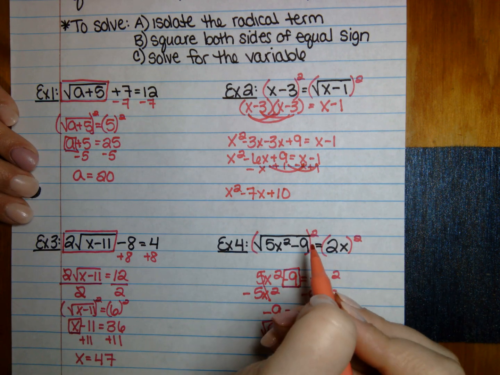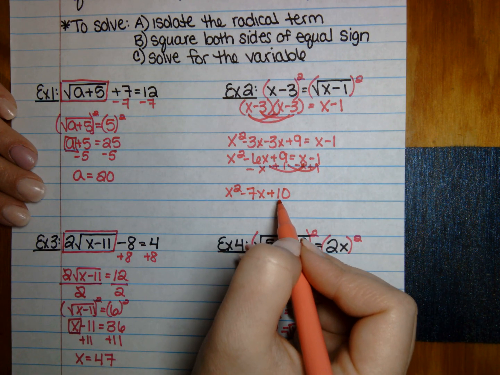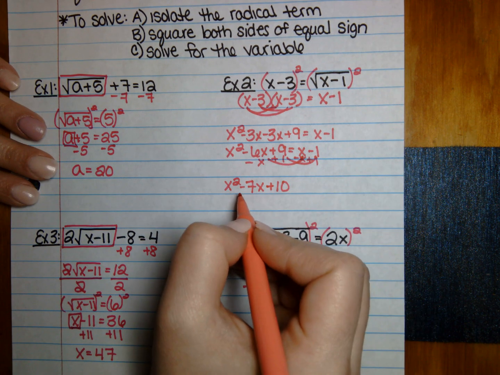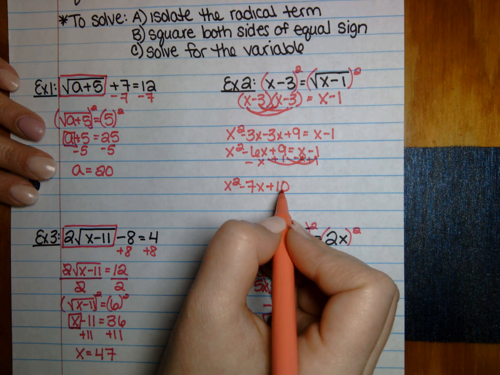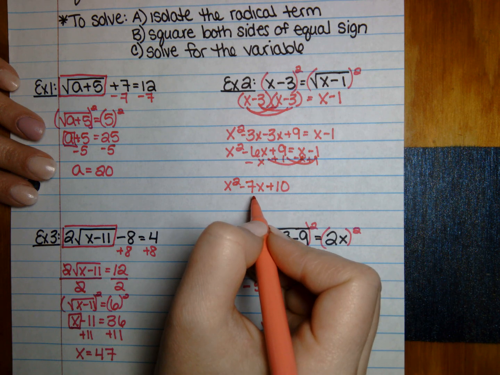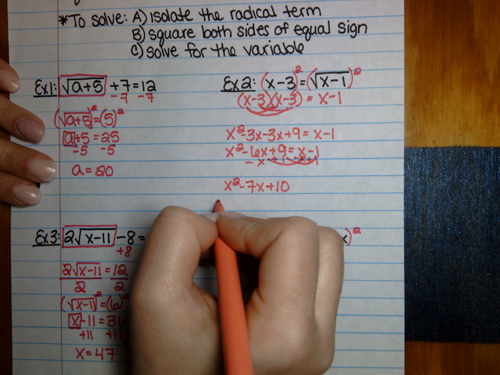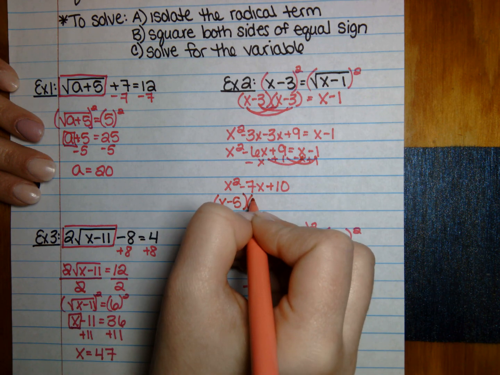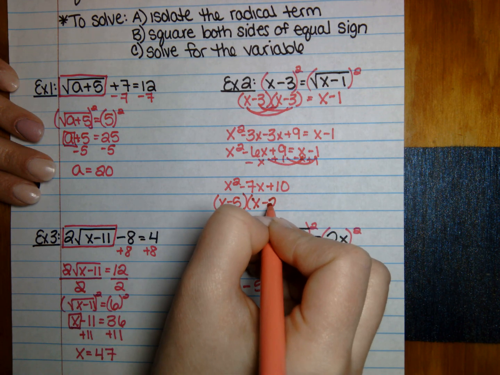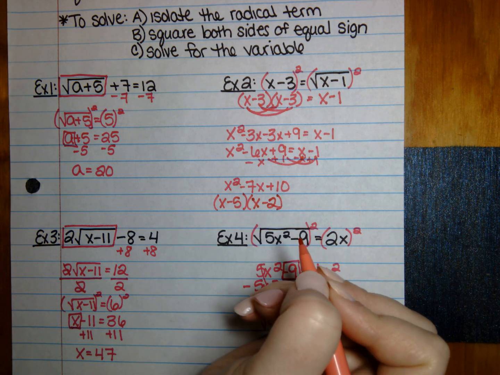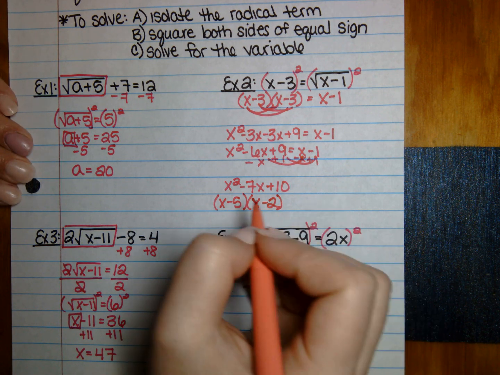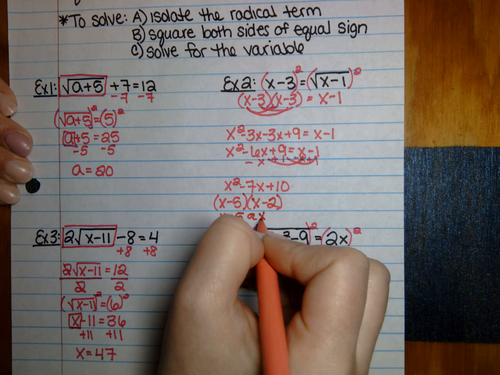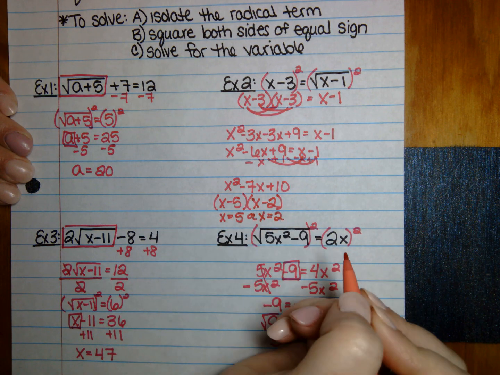Now we solve this by doing our factoring. So two numbers that multiply to give you 10, that add to give you a negative 7, are going to be x minus 5 and x minus 2. So your options are either going to have to be x equals 5 or x is equal to a positive 2.